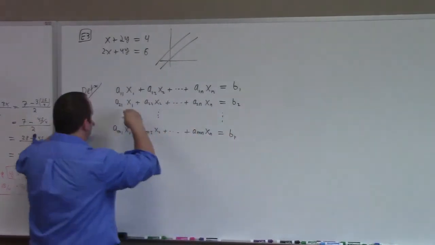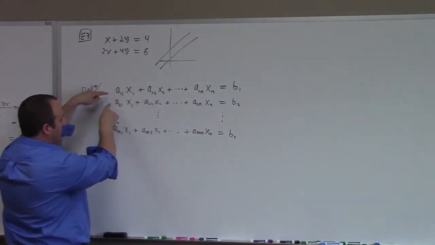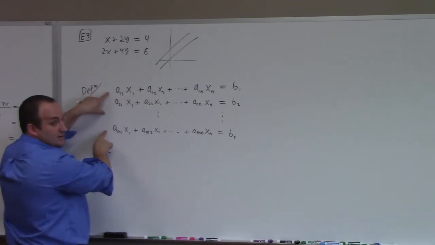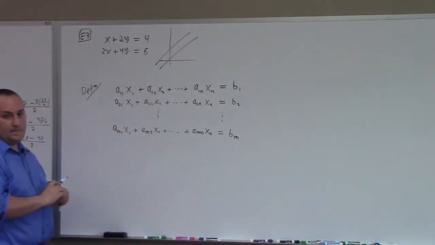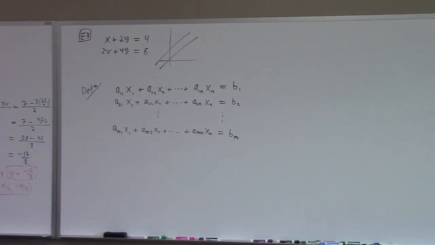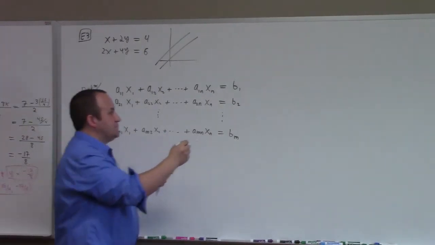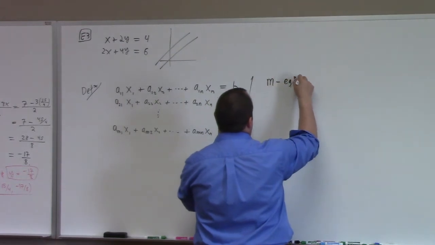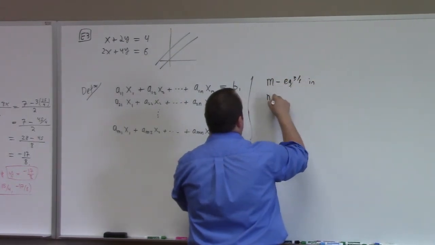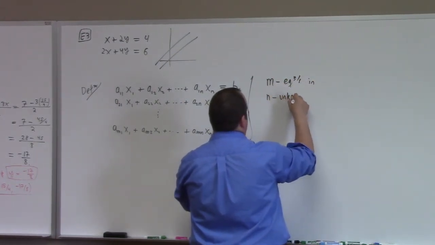How many equations do I have here? 1, 2, m of them. This generically is m equations in n unknowns. What are the n unknowns?